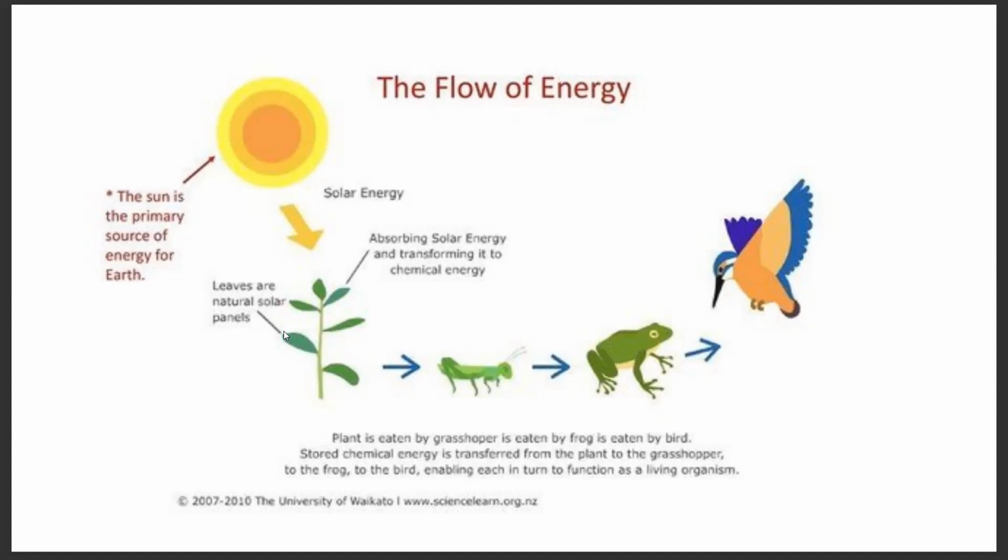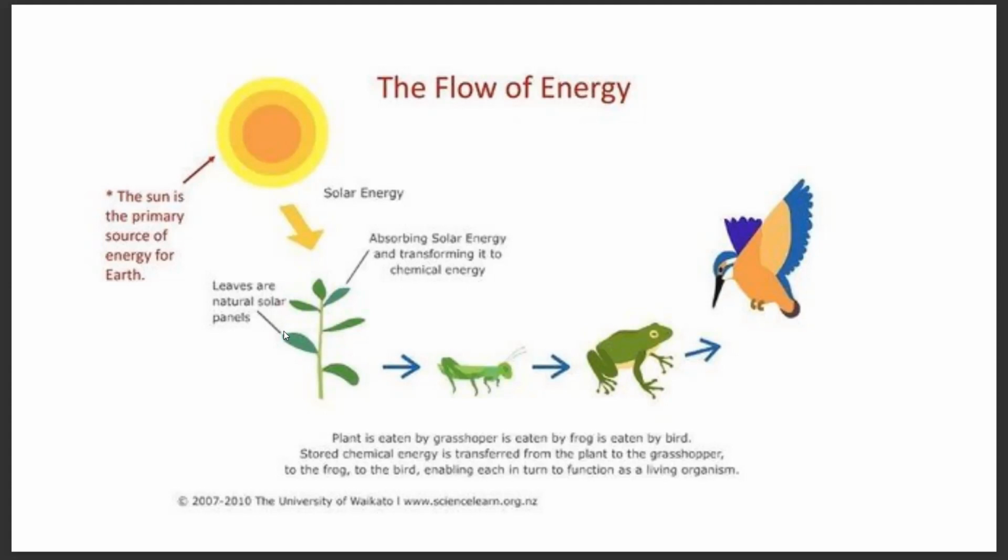Right? Then we have to learn about trophic levels. Now this is a food chain, right? Food chain means it is a linear sequence of organisms through which energy and nutrients pass from one organism to another.